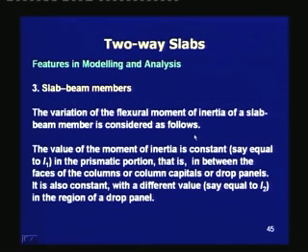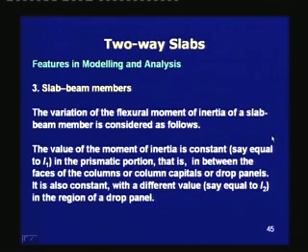Third, we are defining the slab beam members. The variation of the flexural moment of inertia of a slab beam member is considered as follows. The value of the moment of inertia is constant, say equal to I1, in the prismatic portion, that is in between the faces of the columns or column capitals or drop panels.